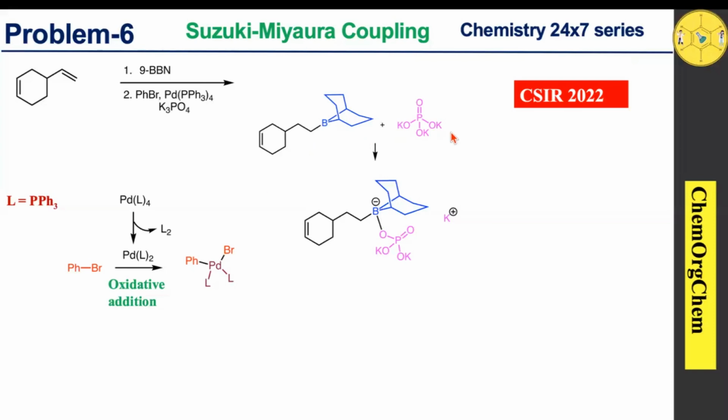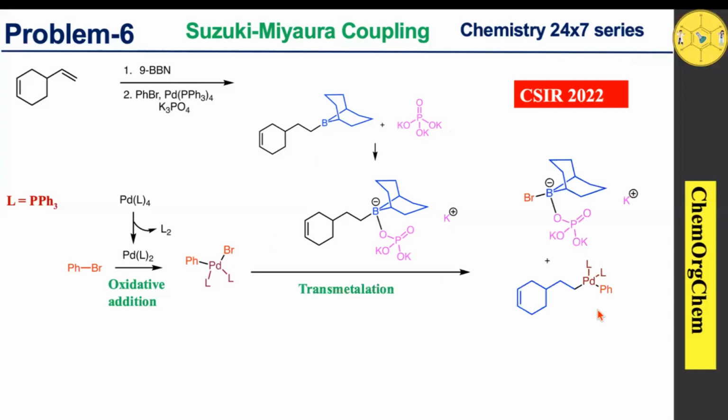Therefore base is necessary to activate this trialkyl boron in order to undergo the transmetalation reaction. Now this species is ready for transmetalation with this palladium complex, which produces this corresponding palladium complex along with this byproduct.